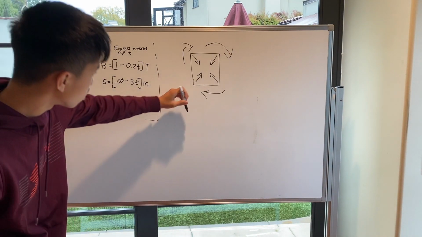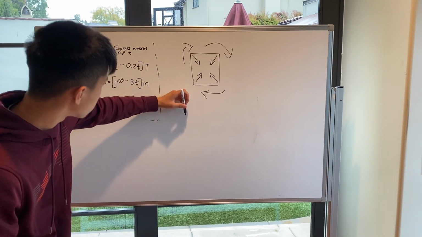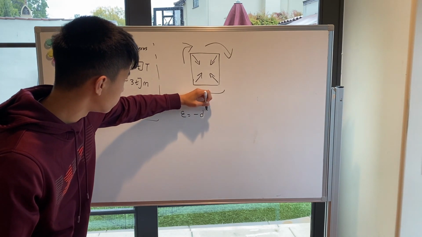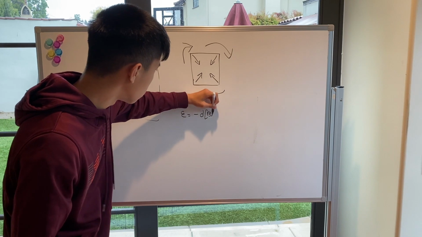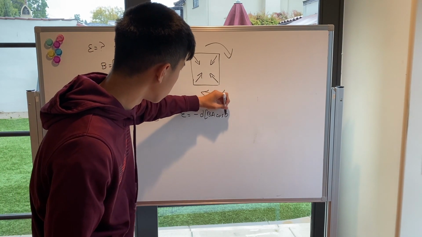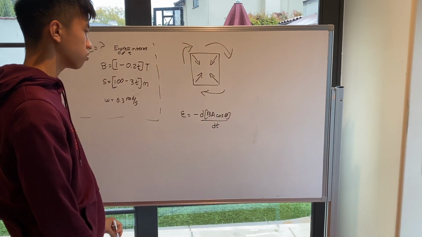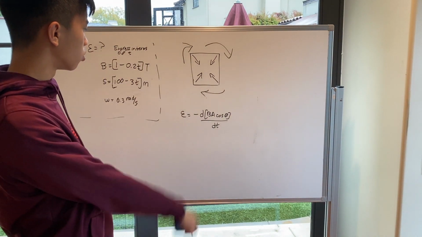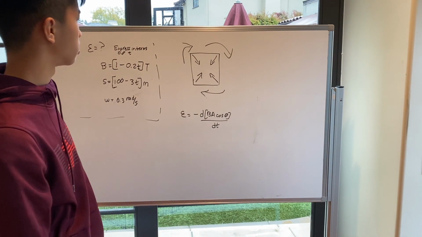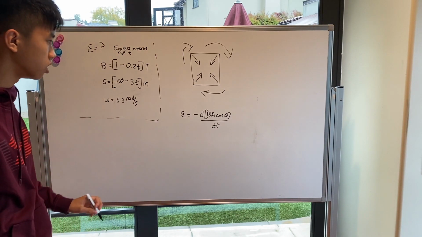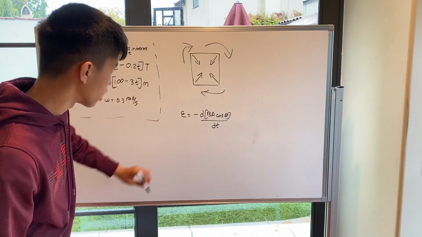Well, let's go to Faraday's law, obviously, where we have negative d(B A cosine theta)/dt. So all of these are differentiable in terms of t, so we can't bring anything out.